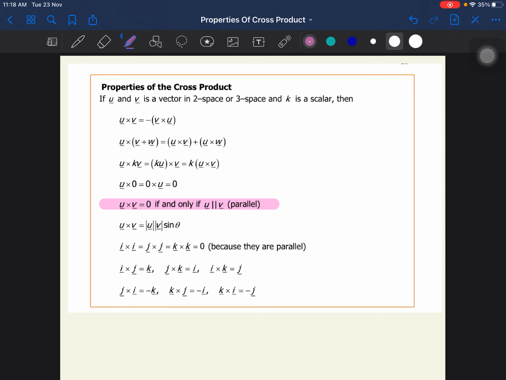Okay, so in my previous video when we discussed the properties of dot product, the dot product between two vectors is equal to 0 when the vectors are perpendicular or orthogonal. So for this one here, when two vectors are parallel, then the cross product is equal to 0.